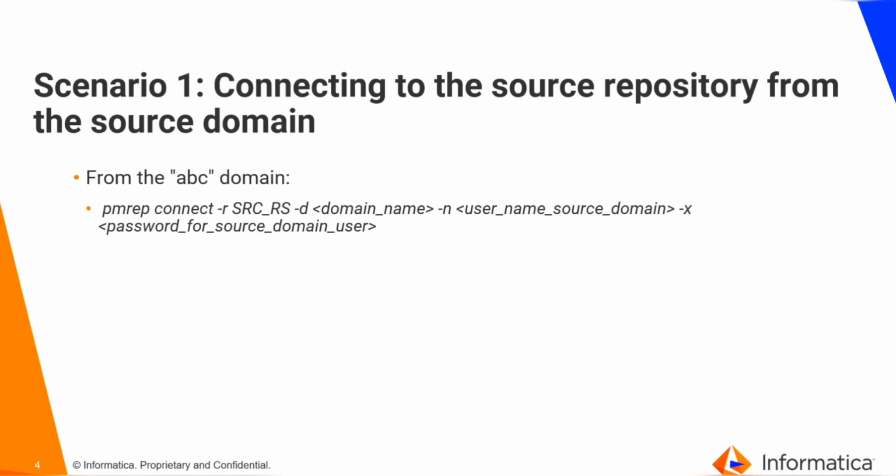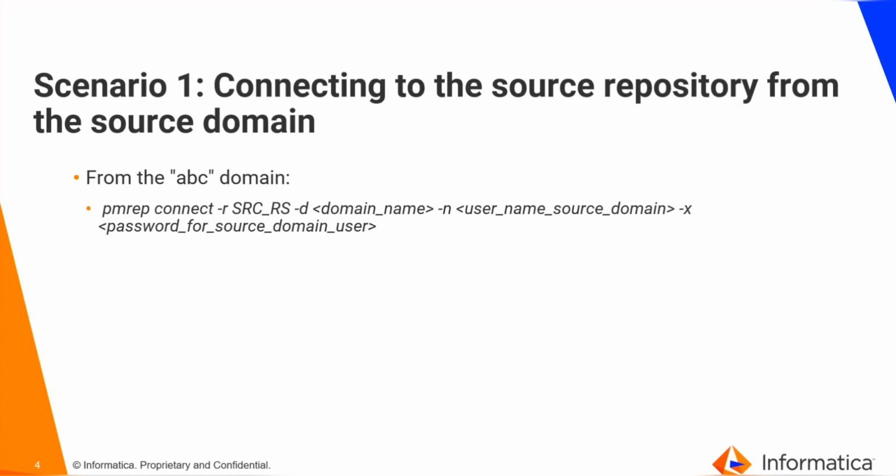We are providing the domain name directly in this command, because whenever you run the pmrep connect command, the application looks at the domains.infa file under infa home, where you can see the domain details, that is your domain name and the host name and port number where the node resides.